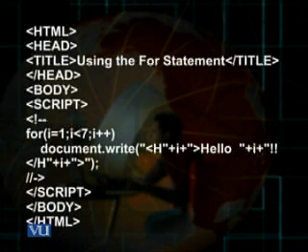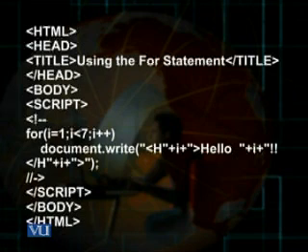Since I's value 1 is less than 7, document.write would be executed and h1 level heading hello1 would be displayed. Then the third statement of for loop, I++, would be executed, and there would be an increment of 1 in the value of I, which would become 2.